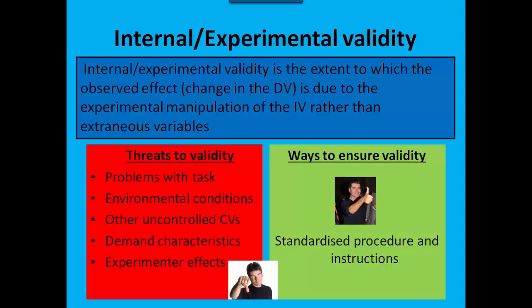All the participants may have performed them for different amounts of time. Now, because of this, it makes it very difficult to assume that it's this that has caused an effect in their stress levels at the end, because there's been no control over the way that task has been performed.